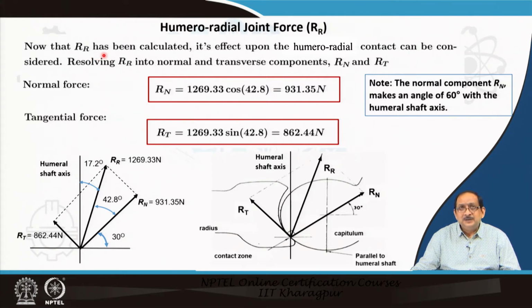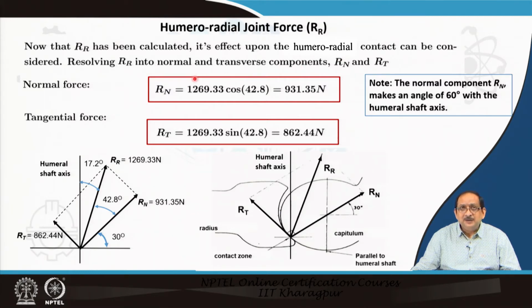Now that we have calculated the magnitude of the resultant humeroradial joint reaction force RR and its inclination of 17.2 degrees, its effect upon humeroradial contact can be considered.